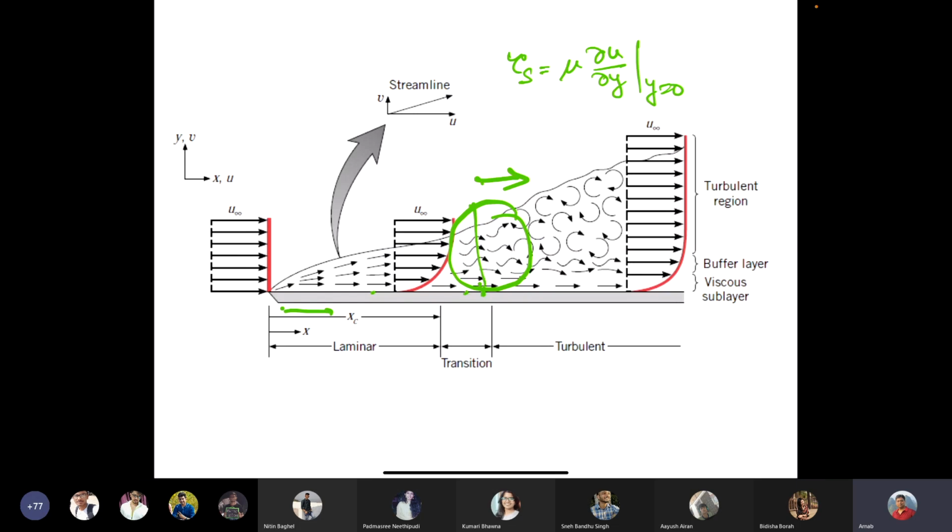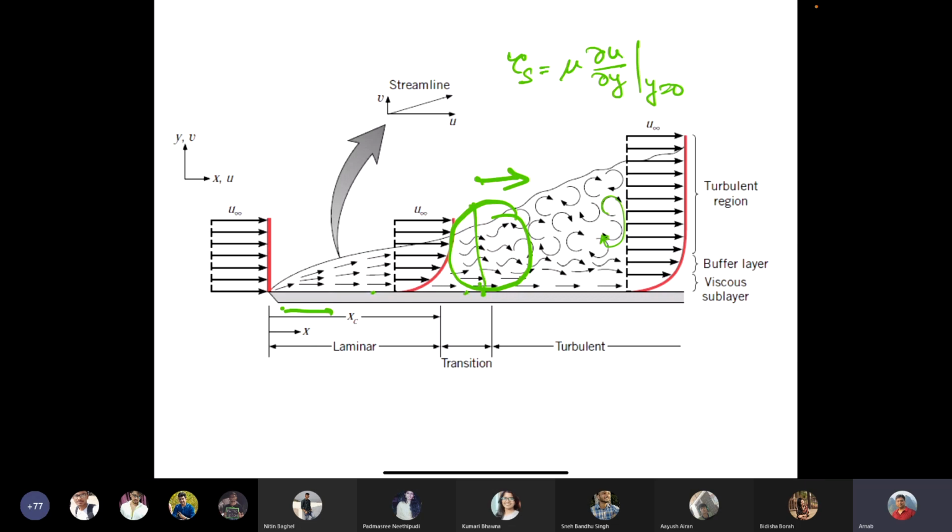So now here what happens? The mixing happens between the streamlines, and more heat transfer happens between the surface and your free stream position.